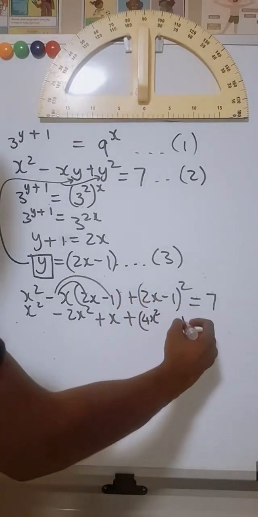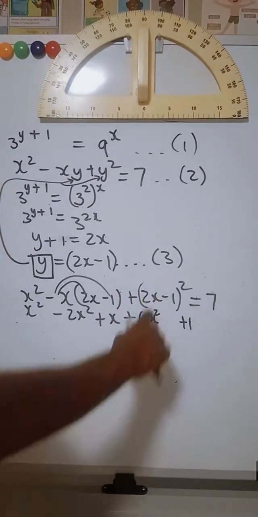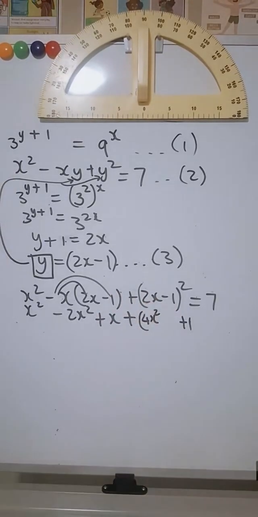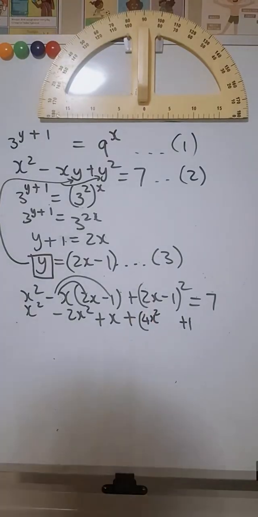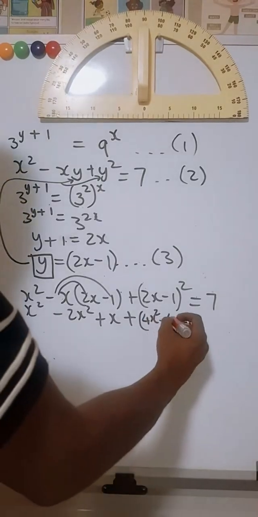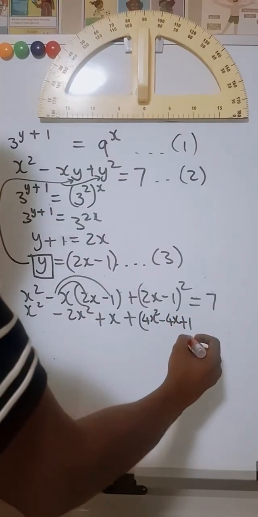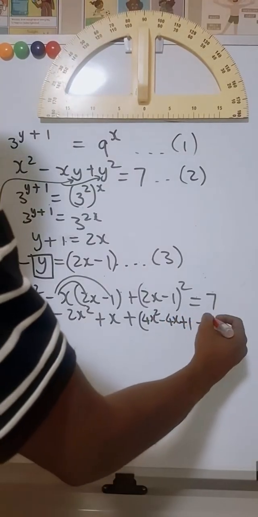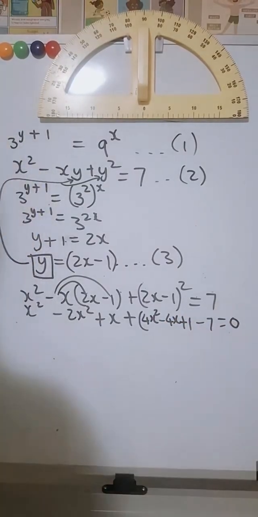We square the last term, plus 1. We multiply these two, 2x times negative 1. That gives us negative 2x. Then we double it, so that's negative 4x. Take the 7, transpose it, equal to 0.